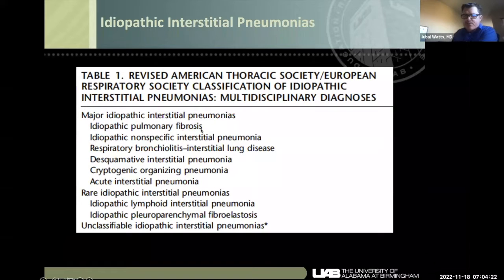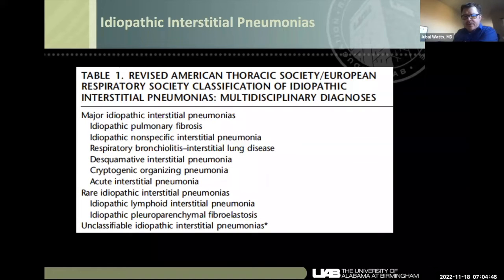The most common one is idiopathic pulmonary fibrosis. Idiopathic nonspecific interstitial pneumonia is an idiopathic interstitial pneumonia, but it's very uncommon for it to be truly idiopathic. It's usually seen in relation to connective tissue diseases or people with drug reactions. You can have a NSIP type pattern of lung injury from a drug reaction.